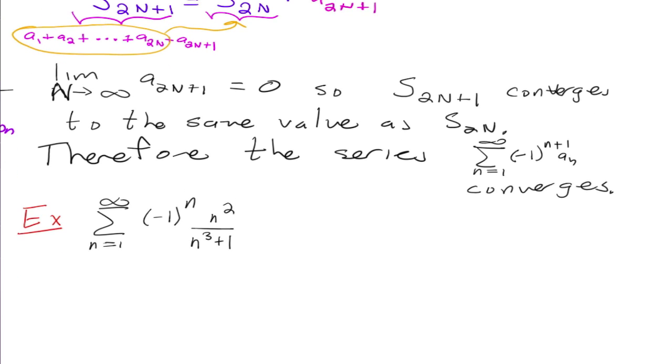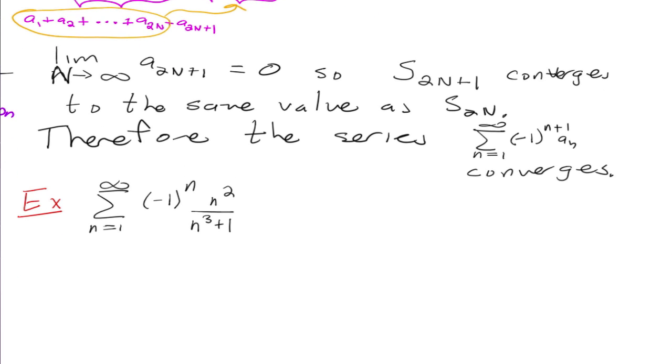All right, so what do we have to show? We notice it's alternating, right? So we have to show 2 things. What are they? It has to be eventually decreasing, and the limit of the sequence without the alternating part has to go to 0.